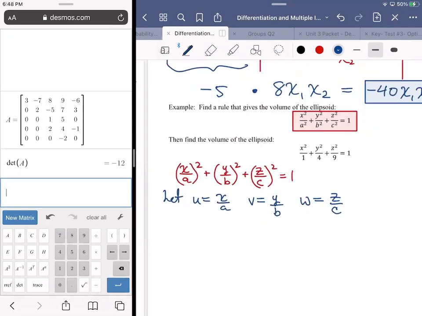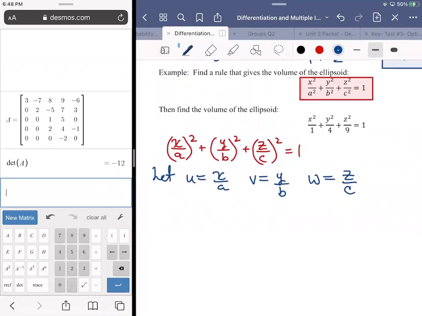So just to keep it in terms of the appropriate variables, or to make it simpler, I can let u equal x over a and so on, but I can also solve this for x equal to au, y equal to bv, and z equal to cw. All right.